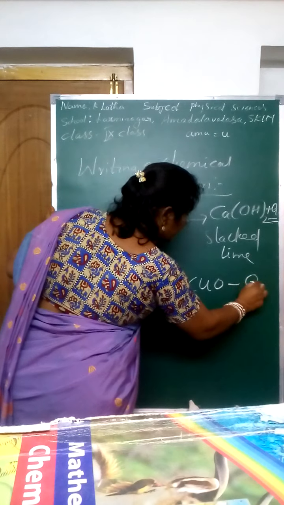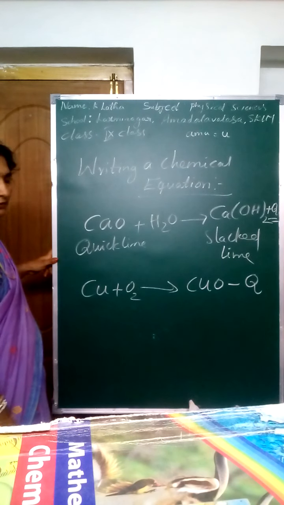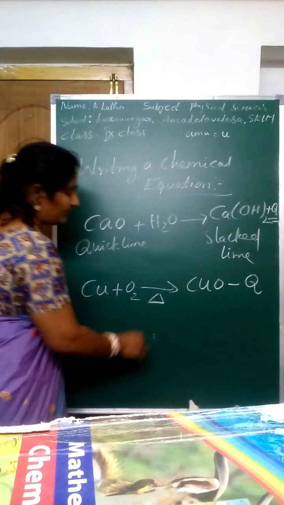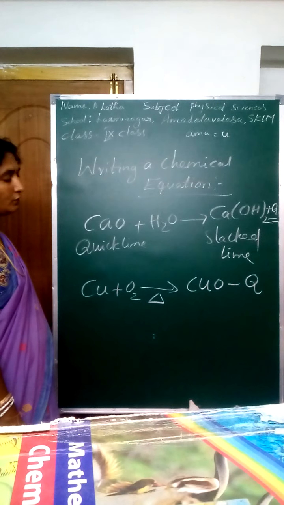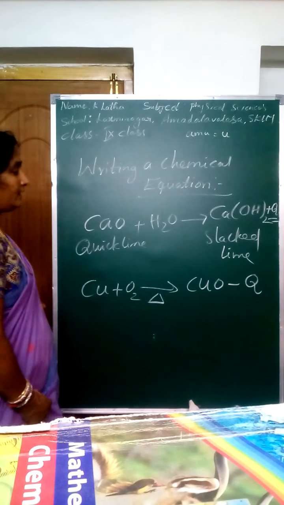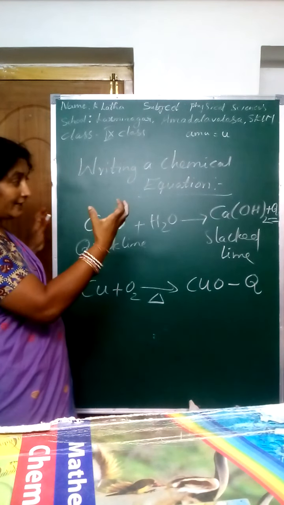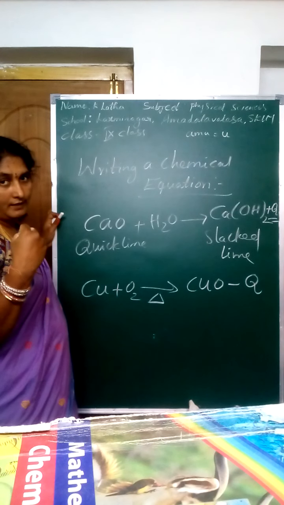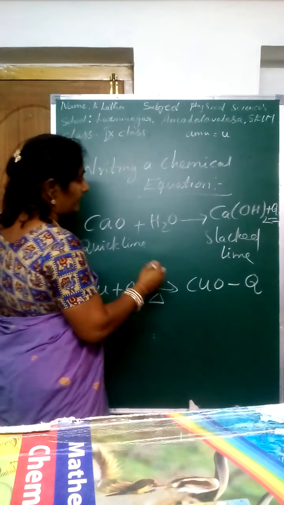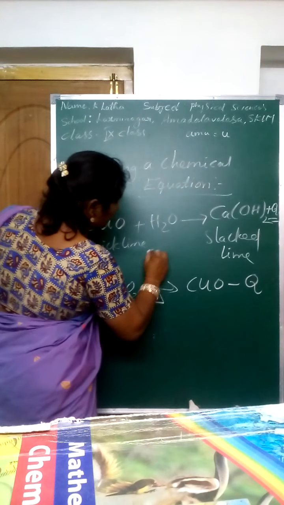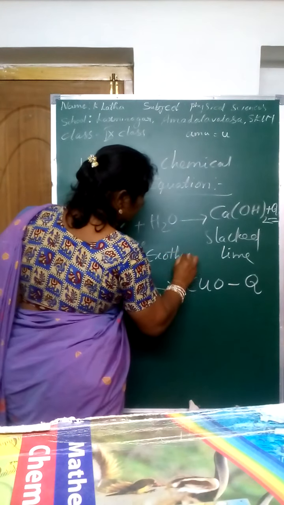Already I told you Cu plus O2: when copper reacts with oxygen, CuO is formed, and then we keep minus Q, or otherwise we keep the delta symbol. Both may be used here. And there are these types of reactions. If heat is released from a reaction, it is called an exothermic reaction.